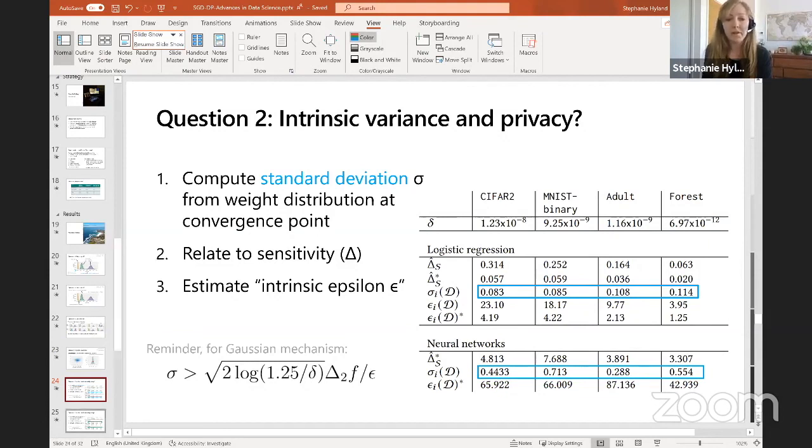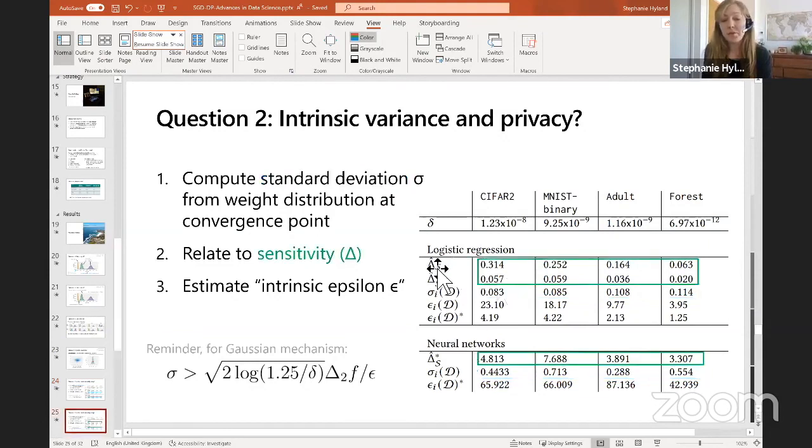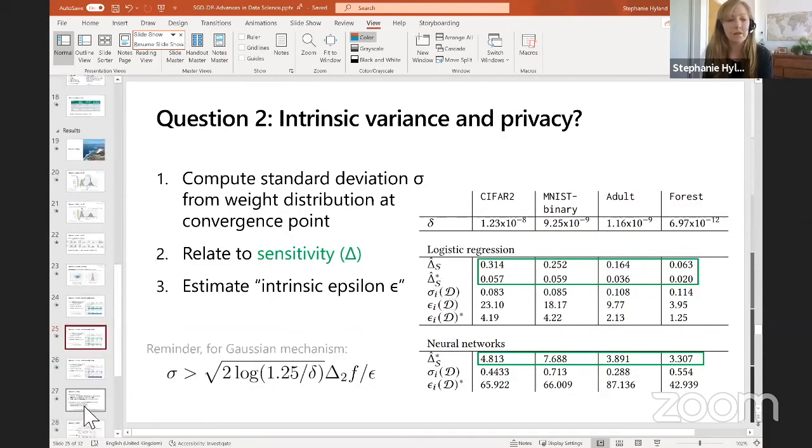We can then relate it to the sensitivity, both theoretical and empirical. For neural networks, we do not have a theoretical sensitivity because they don't have the properties that we need to have such a bound. And we can see once again that the difference between the theoretical and the empirical, where we have it, is quite large, indicating that these bounds are not tight.